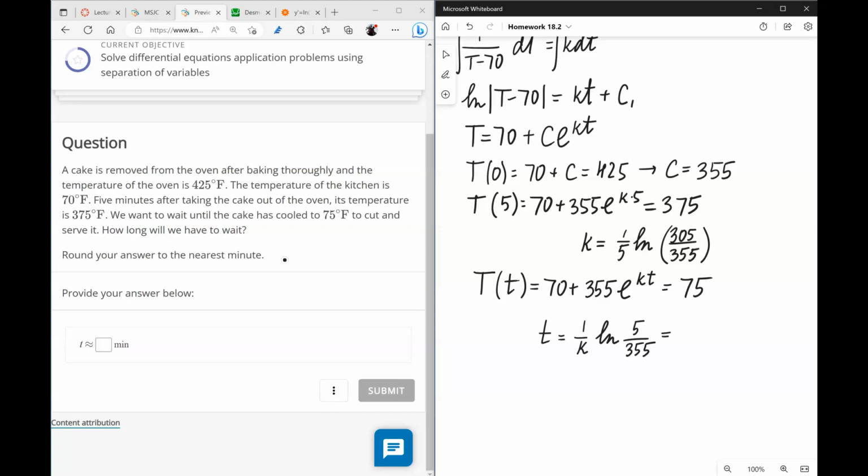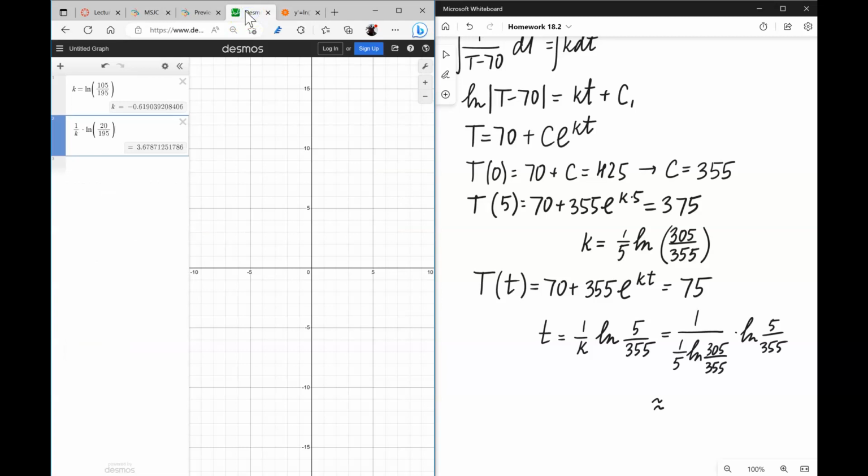And finally, we can now plug the k in. k is 1/5 ln of 305 over 355, so t is 1 over k times ln of 5 over 355. And we are rounding to the nearest minute, so I'm just going to throw it in the calculator and be done with it.